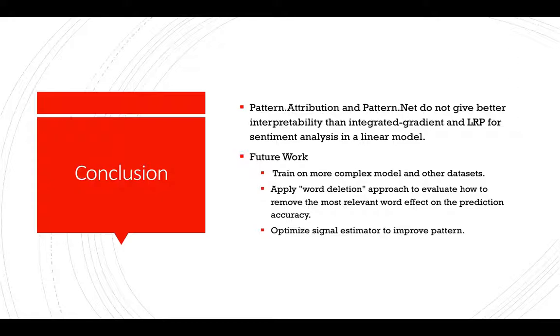And it's also possible to optimize the signal estimator to improve patterns, since both pattern attribution and pattern net highly depend on pattern. So that could also be the reason why we got this conclusion.